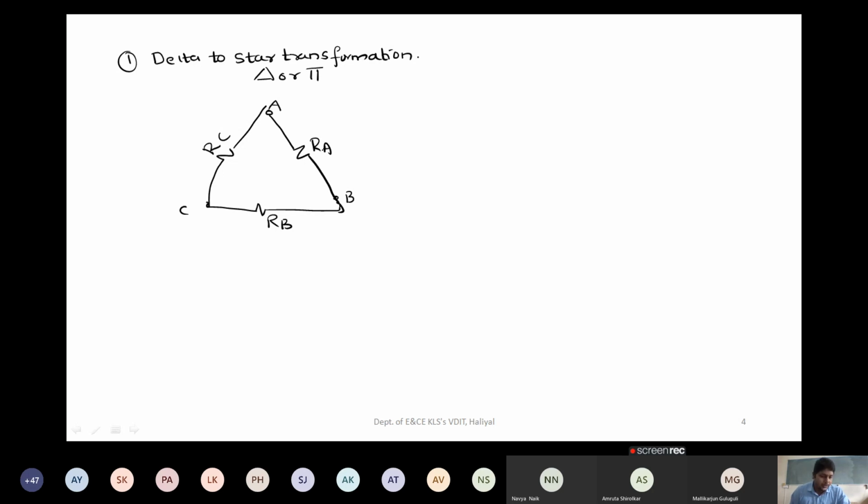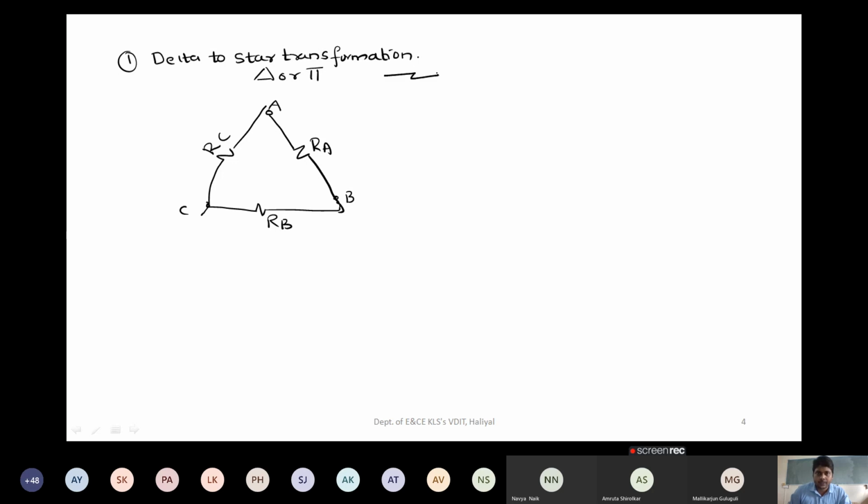Here if I ask you to find the equivalent resistance RAB, if this is connected to some other network, then it will be difficult. Otherwise, if you assume that this is not connected to some other part of the network, then you can have an equivalent called the T network or the star network.